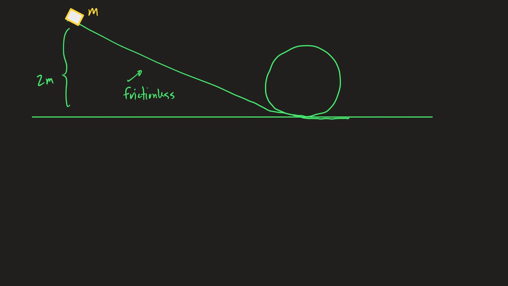You release the box from rest. How fast is the box going at the bottom? The expectation is this takes you like 60 seconds. Use 10 for g. We really don't think this should take that long. We're talking all gravitational potential energy here, released from rest, top of the ramp.